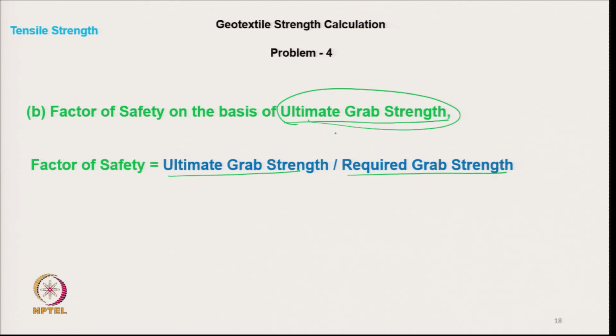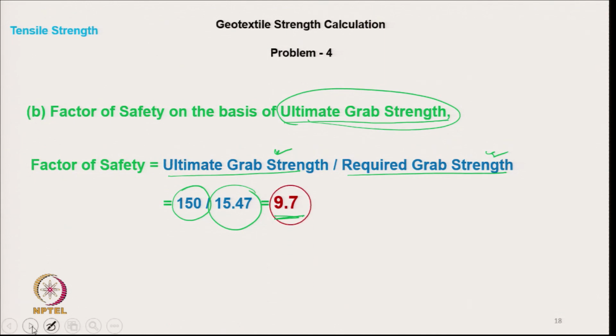So, the global factor of safety will be ultimate grab strength divided by required grab strength. Ultimate grab strength is given as 150 and required we have calculated. So, it will be 9.7. 9.7 is the global factor of safety.